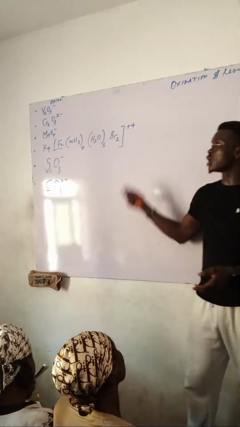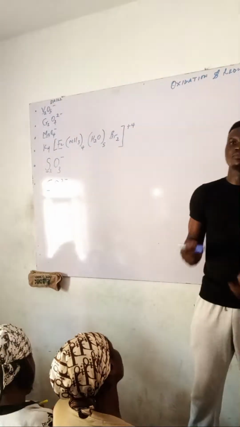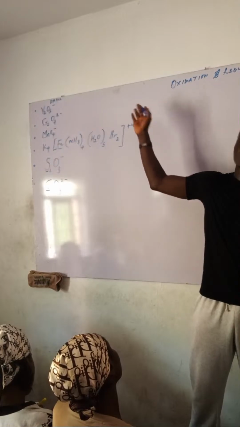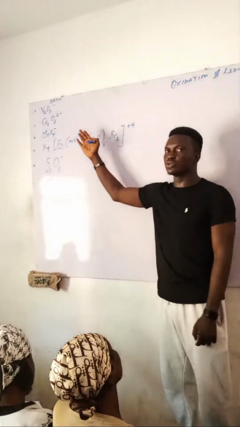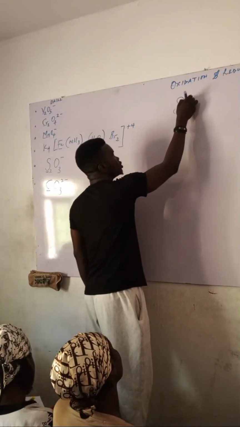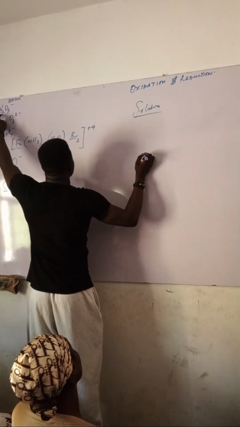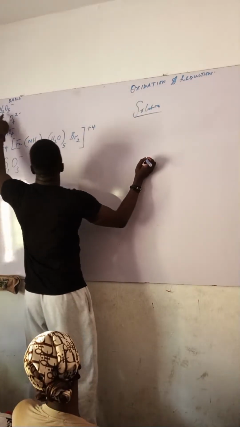So, from what we have here, V2O5 minus, they said we should determine the oxidation state of vanadium there. So what do we do? Just the same way we have been doing it. Solution. The one we are looking for, we call it X, and there are two of it.